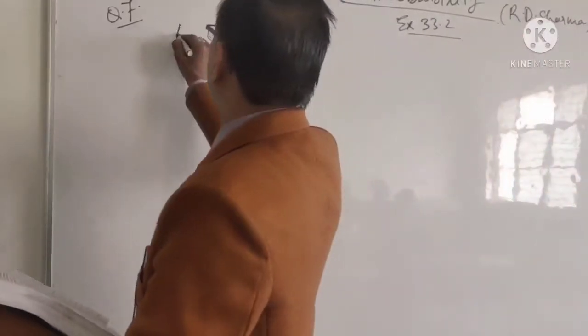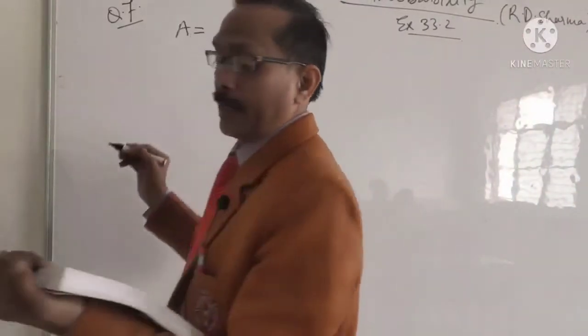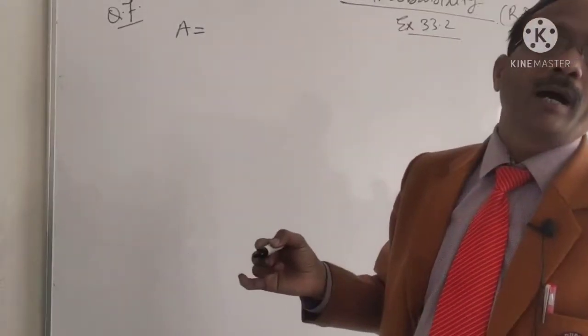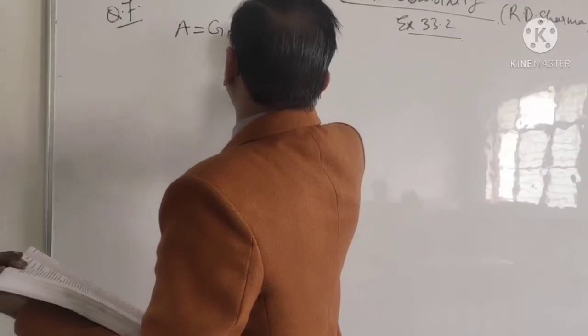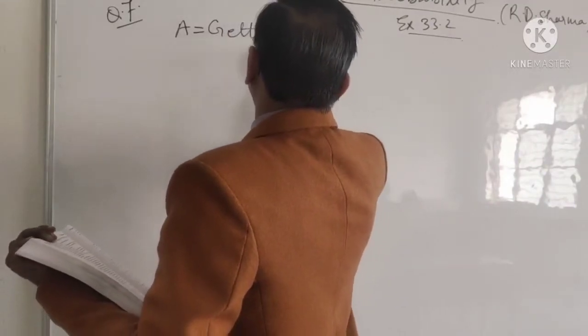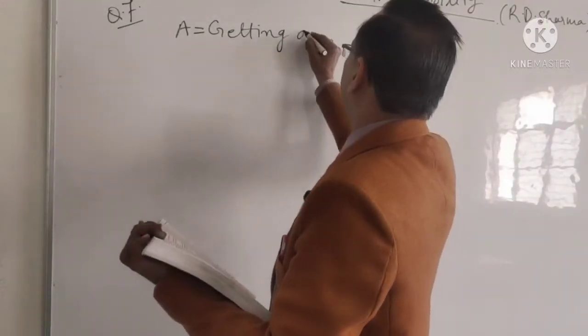Event A, getting an even number on the first die.